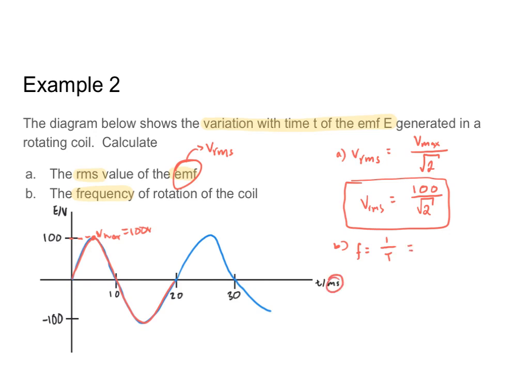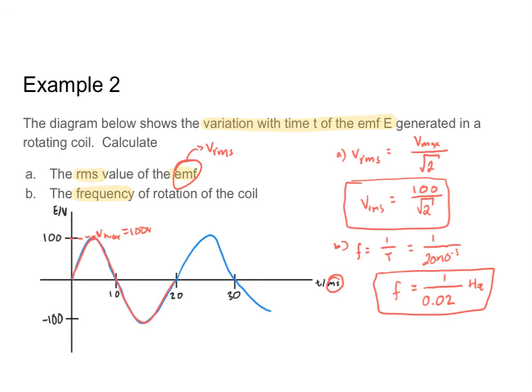So my frequency is 1 over 20 times 10 to the negative third, or 1 over 0.02. And that is the answer to the second part of my question. Again, I can stick this into a calculator and find an actual number, or I can just leave it as is, which is what I have chosen to do.